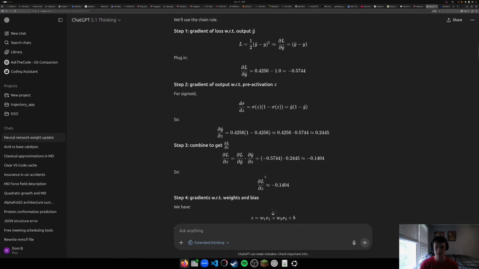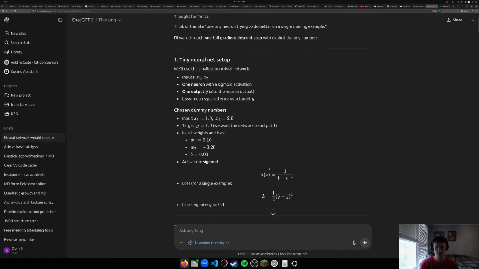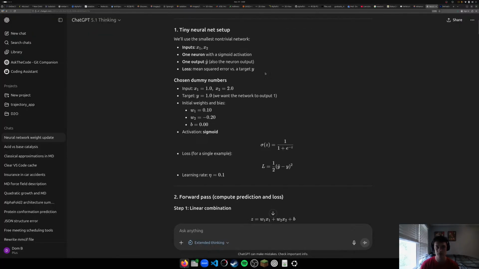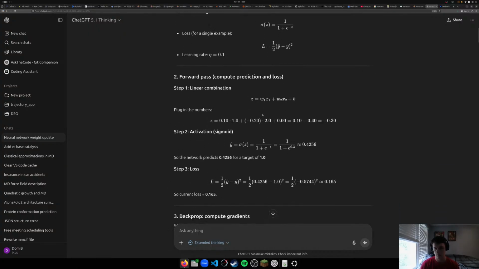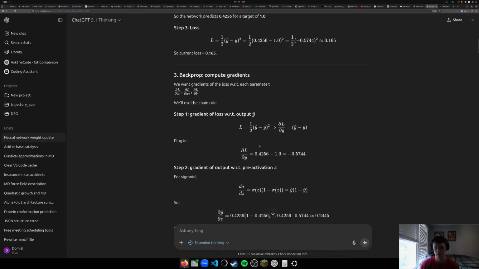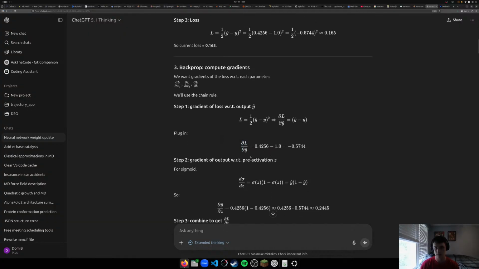So basically what you have to do is, with the neural network, there are inputs, there's a neuron, you have to have an activation, there's an output, and then there's a loss. So going back from the loss, you have to compute the gradient from that. So it's the loss with respect to y. Yeah, it's the derivative of L with respect to y, which is just y minus y.